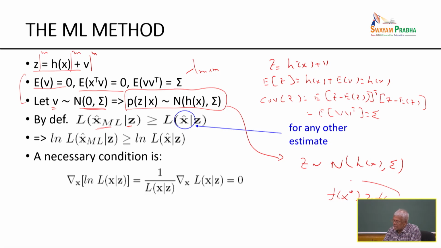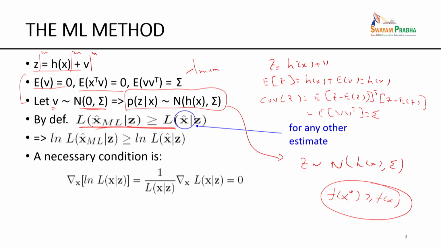That's how I define the maximum of a function F of x, and that's how I define the maximum of a likelihood function. So if I evaluate the likelihood function at any other estimate, its value is less than or equal to the value of the likelihood function where it is maximum. That point is called the maximum likelihood estimate, and this is very similar to the least square estimate. So subscript LS tells you the least square estimate, subscript ML tells you the maximum likelihood estimate. These two are different methods of estimation.